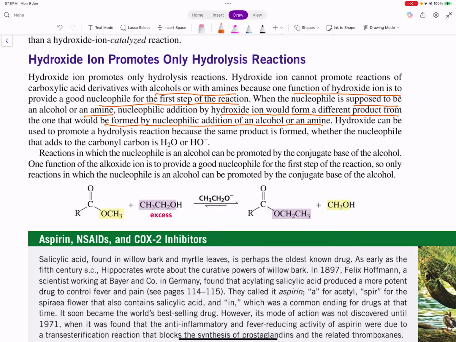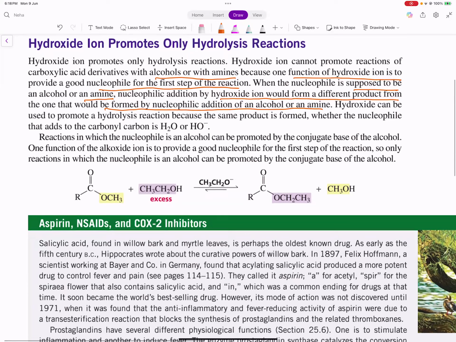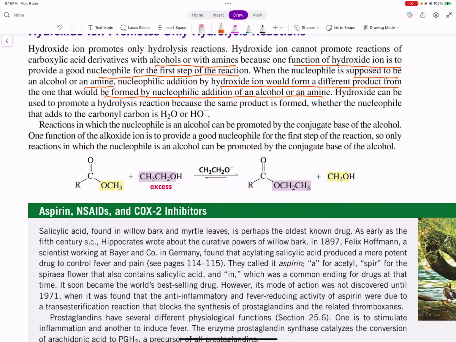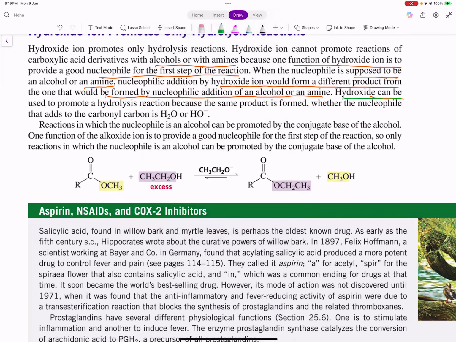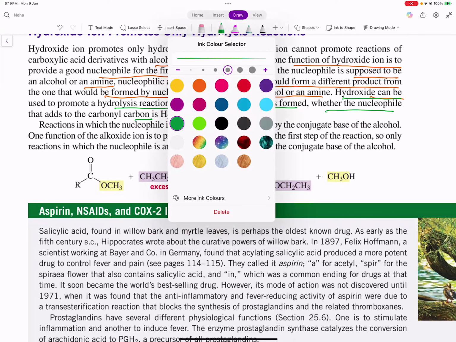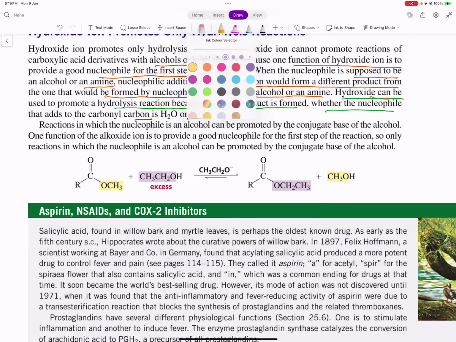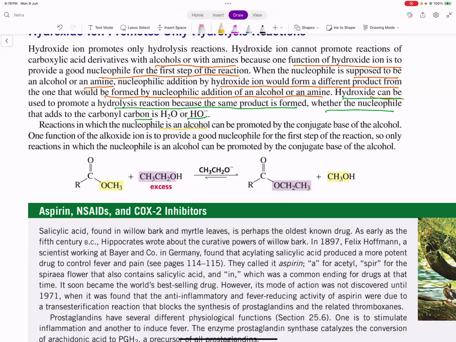Hydroxide ion can be used to promote a hydrolysis reaction because the same product is found whether the nucleophile that attached to the carbon is H2O or HO minus. Reactions in which the nucleophile is an alcohol can be promoted by the conjugate base of the alcohol.